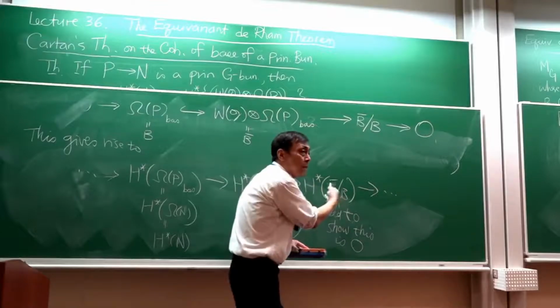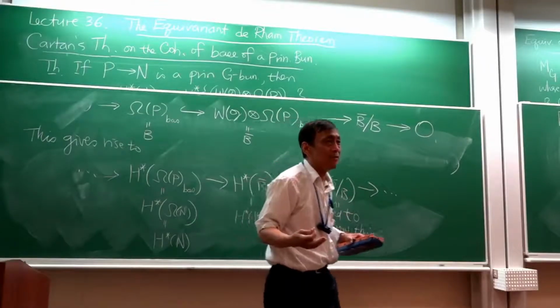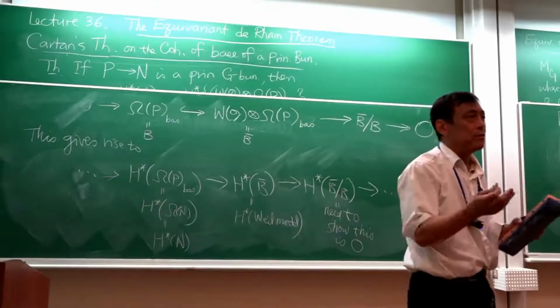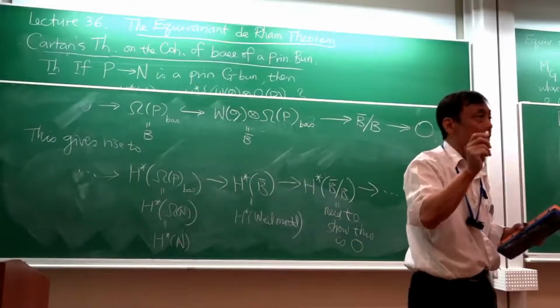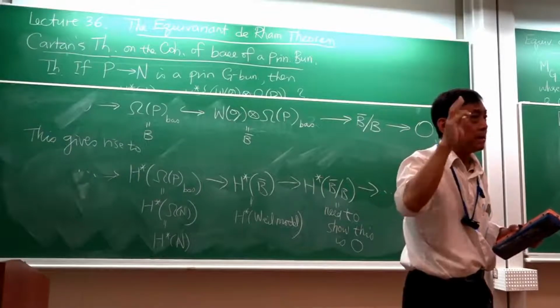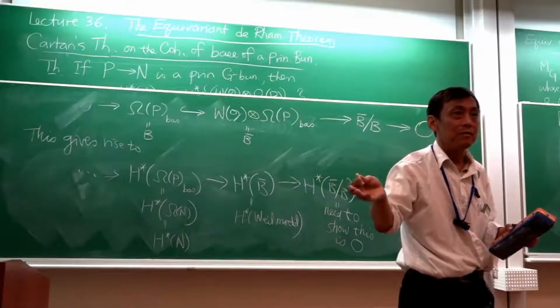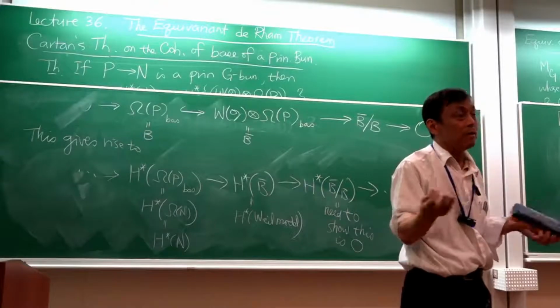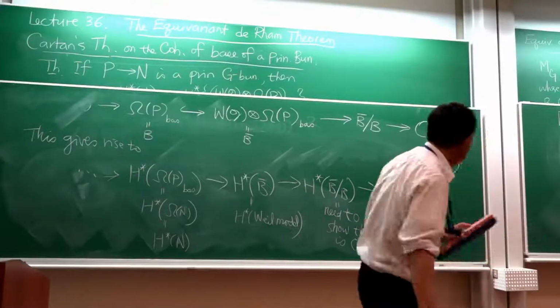And to show that any cohomology is 0, all you need to do is to be able to write down a cochain homotopy between the identity map and 0. And so Cartan writes down a cochain homotopy for this.